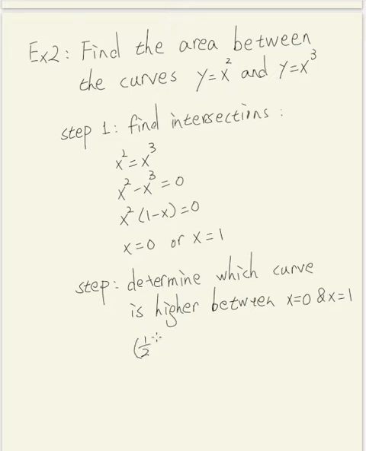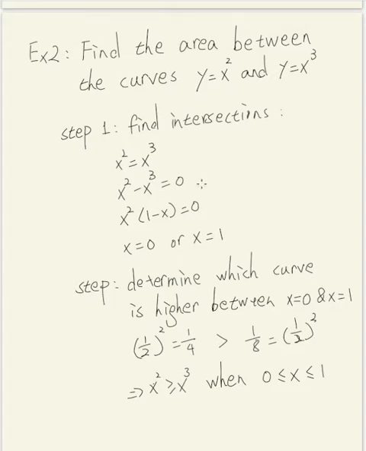If you plug in 1 over 2, you get 1 over 2 squared is 1 over 4, while 1 over 2 cubed is 1 over 8. Since 1 over 4 is larger than 1 over 8, we get x squared is larger than or equal to x cubed when x is between these two intersection points.